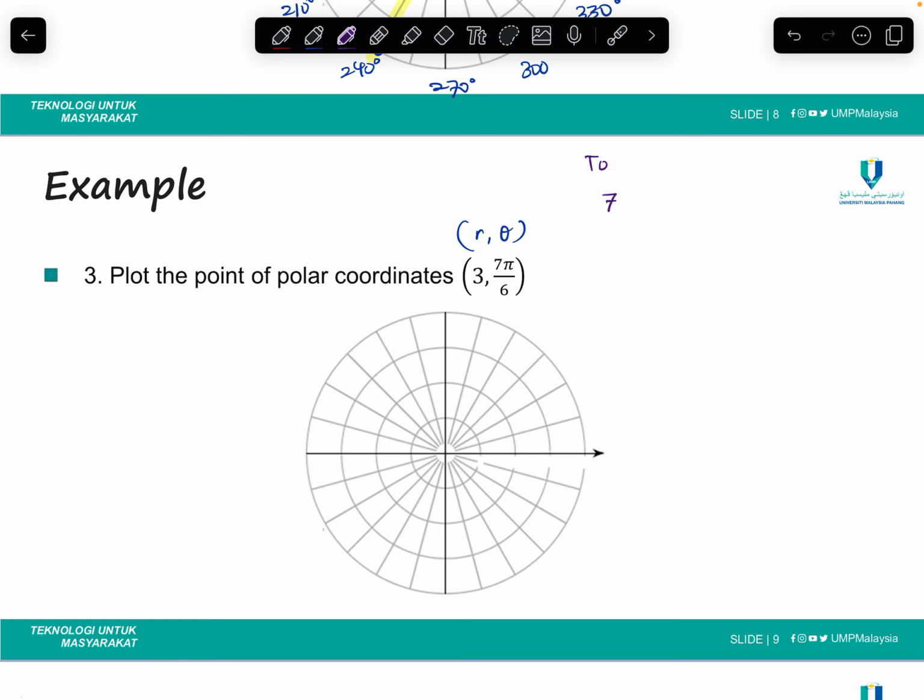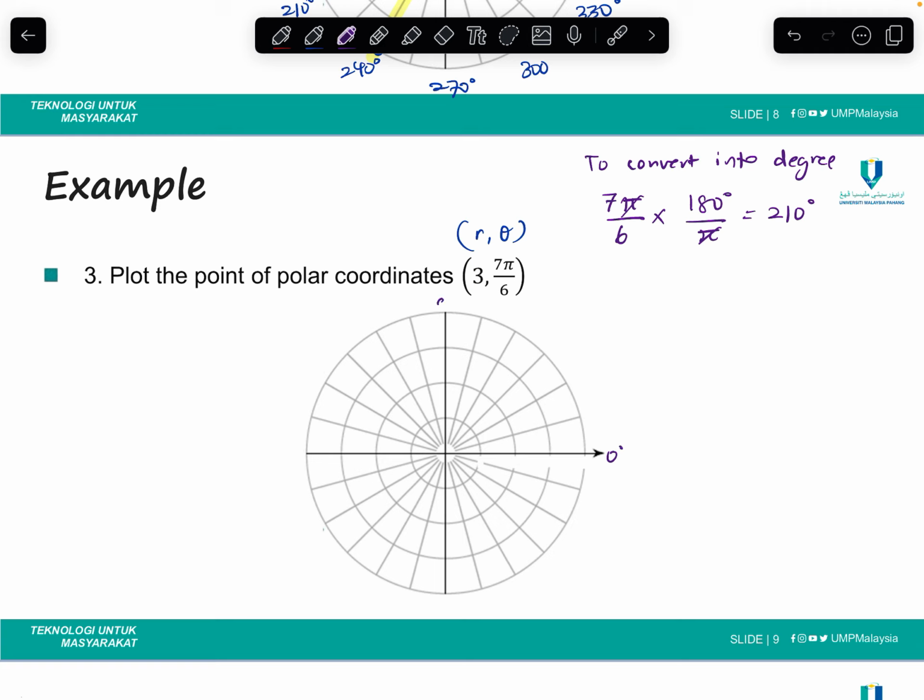To convert into degrees, the value 7 pi over 6 must be multiplied by 180 over pi. You can calculate this and it will give you 210. So the angle is 210 degrees.